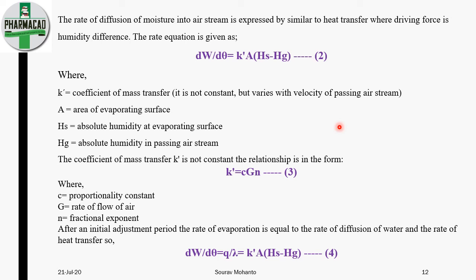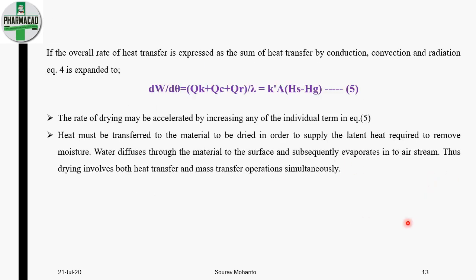Here the rate of evaporation, the rate of diffusion of water and the rate of heat transfer are all equal to each other. So in equation form, dw by d theta equals q by lambda equals k dash A (Hs minus Hg). This is equation number 4.